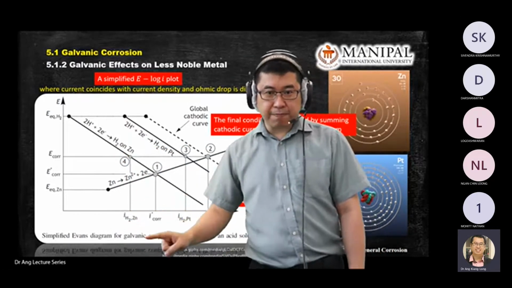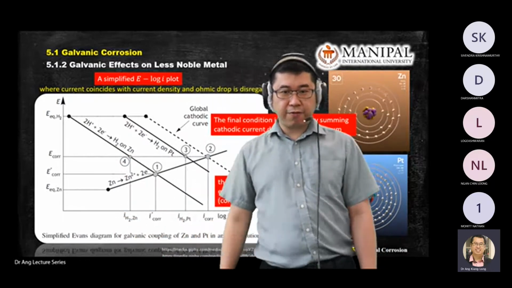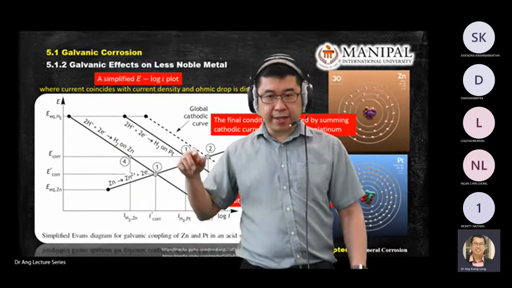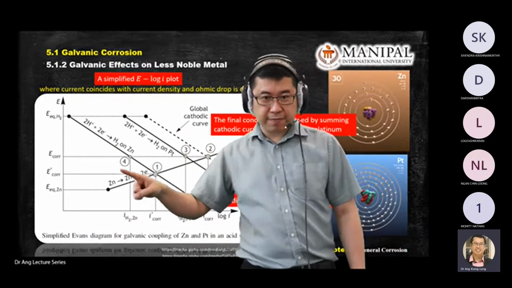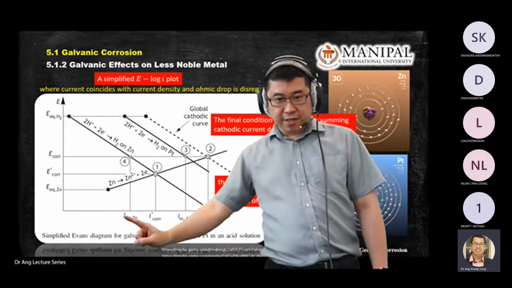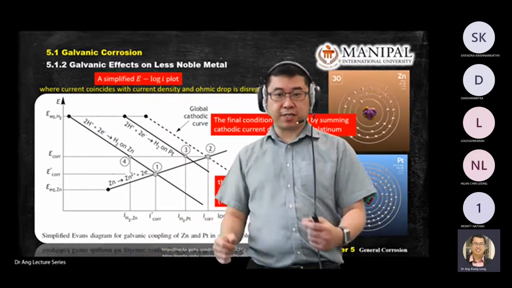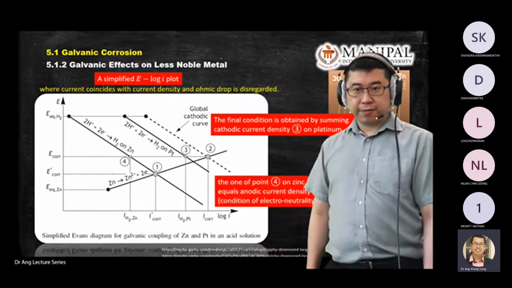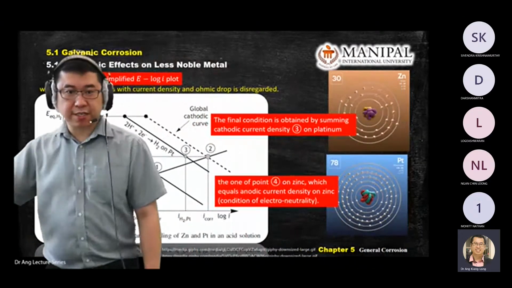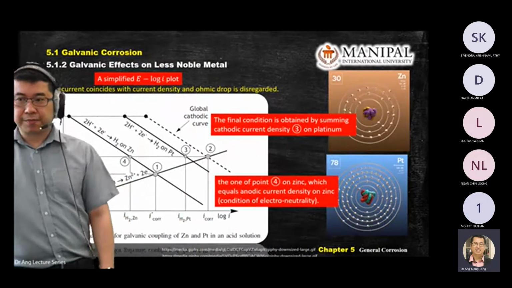This is the potential, and this is the current density that happens at the anode station, or your I sub C. In this case, hydrogen on zinc, it means it happens at zinc. Okay, so I'll give you a few seconds to digest the point you see and this statement here.